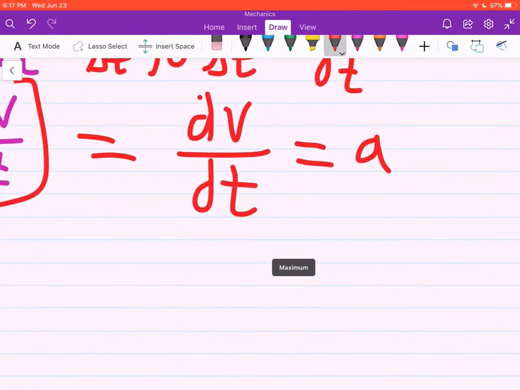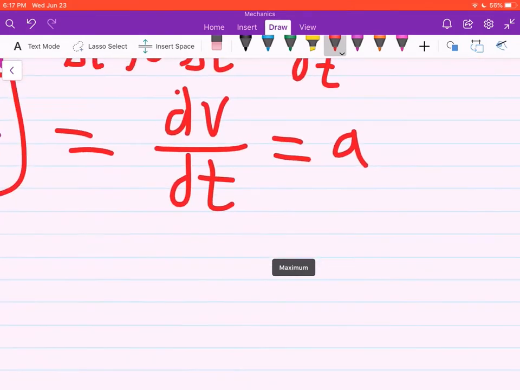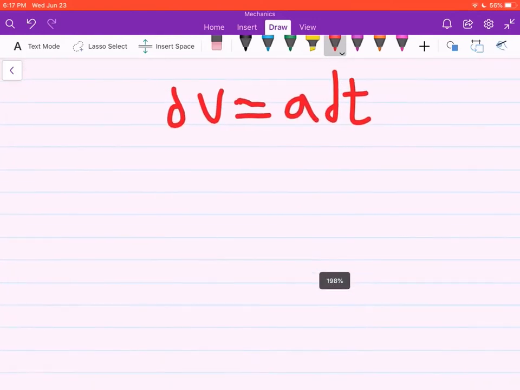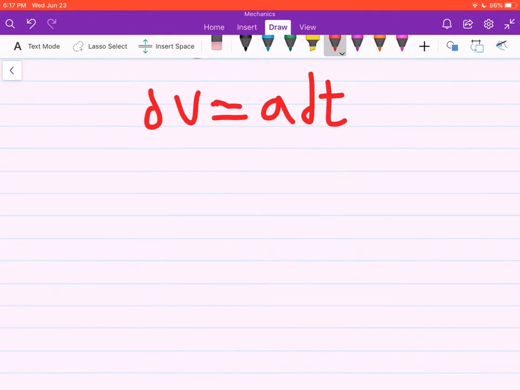And now we can use this relationship to get our first equation. So if dv/dt is a, then dv equals a dt, where dt and dv are differentials, so they're very small intervals, and the only way to untie those differentials is to integrate.